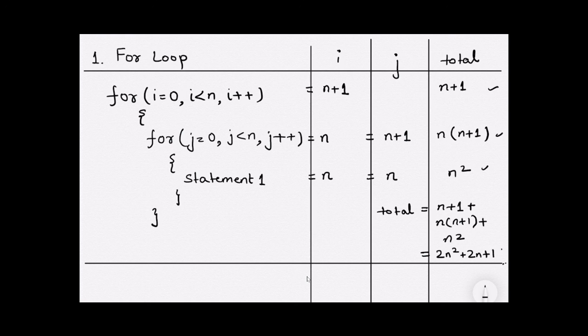Since the highest degree of this expression is n square and we avoid taking the constants into consideration, therefore the time complexity is equal to order of 2n square, which is equal to order of n square, since we avoid taking any constants into consideration.